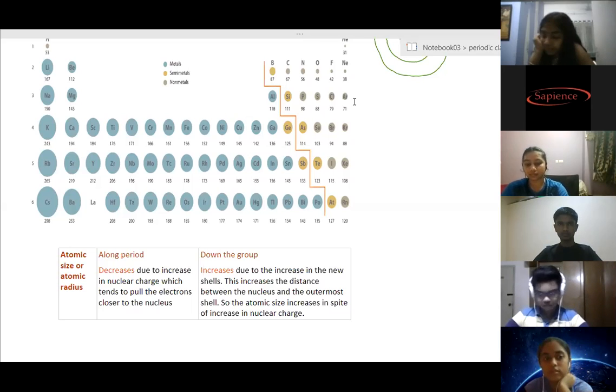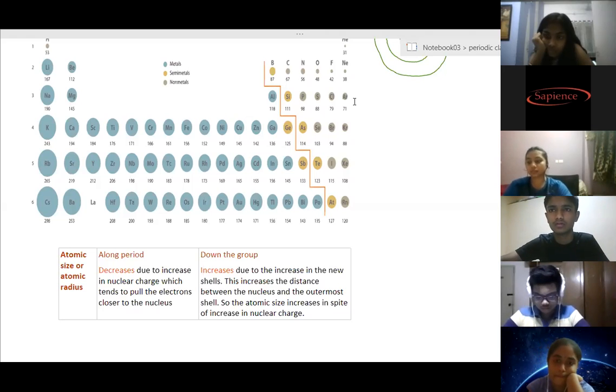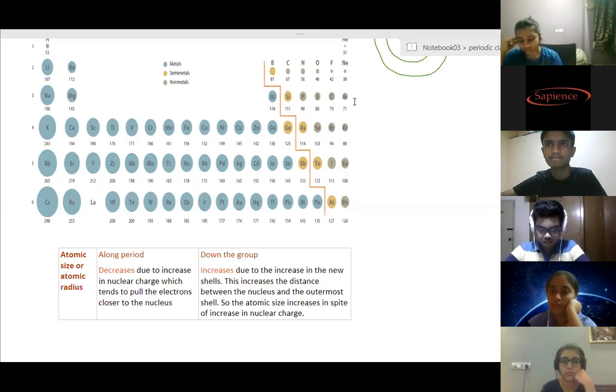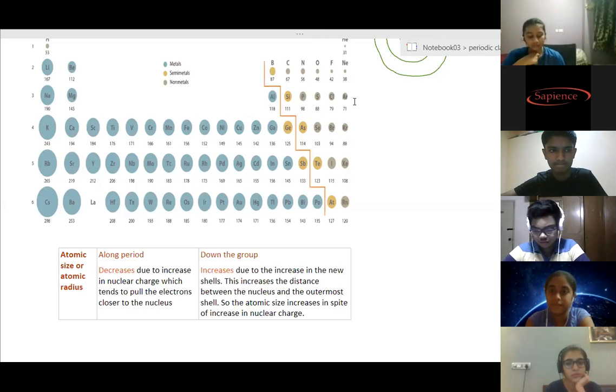what do you mean by metallic character? Ma'am, electropositivity and electronegativity. Ma'am, on the left there will be metals and on the right non-metals. Yes, but what do you mean by metallic character? Ma'am, whether the atom gains or loses electrons.